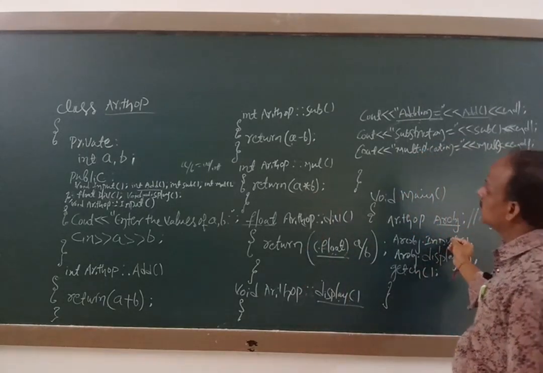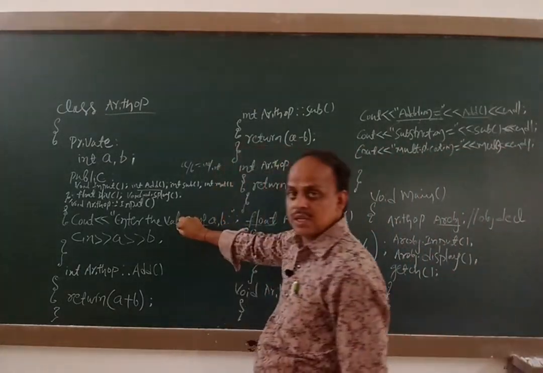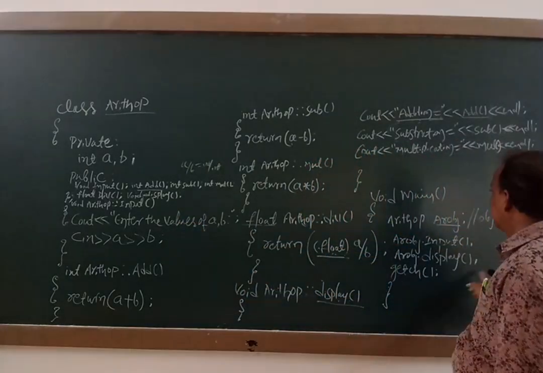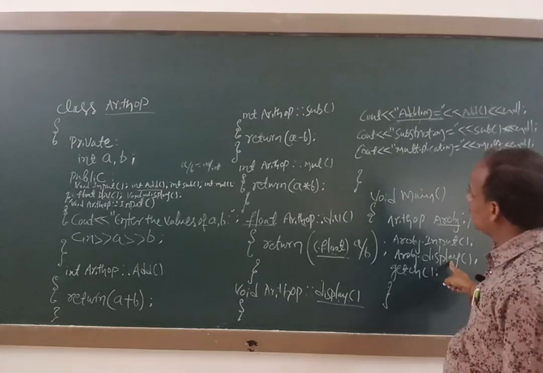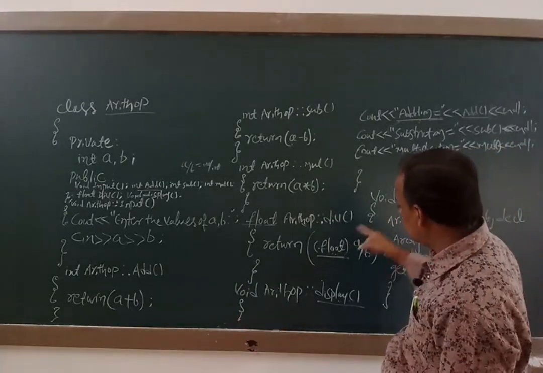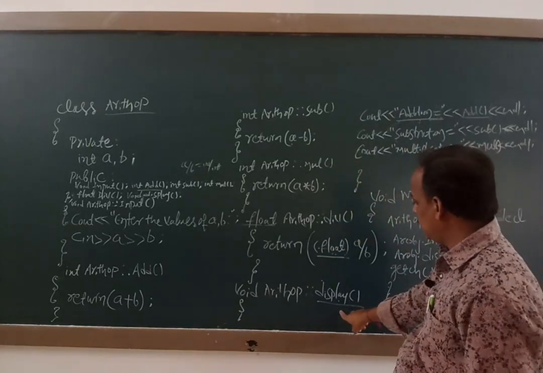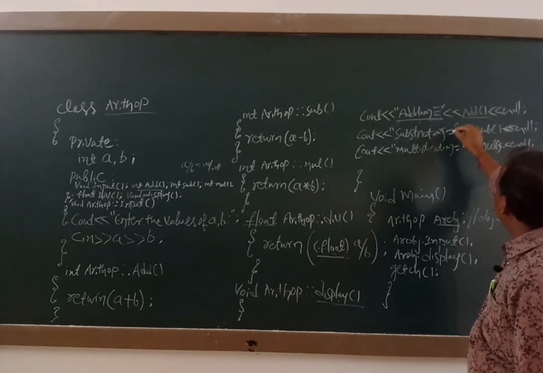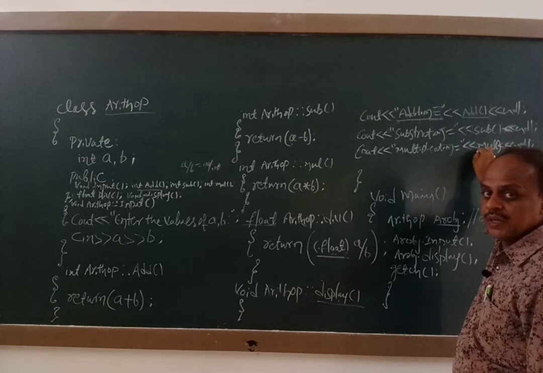So it comes here and accepts the A, B values, then it comes back. Object dot display function. Where is the display function? Outside the class. So it displays the addition of two numbers, subtraction of two numbers, multiplication of two numbers, and it prints the values.